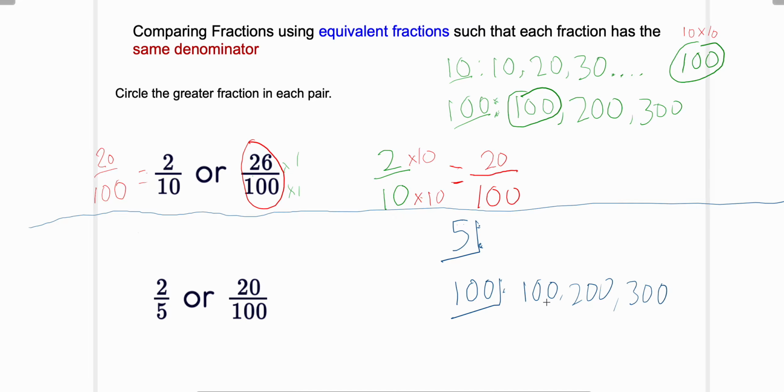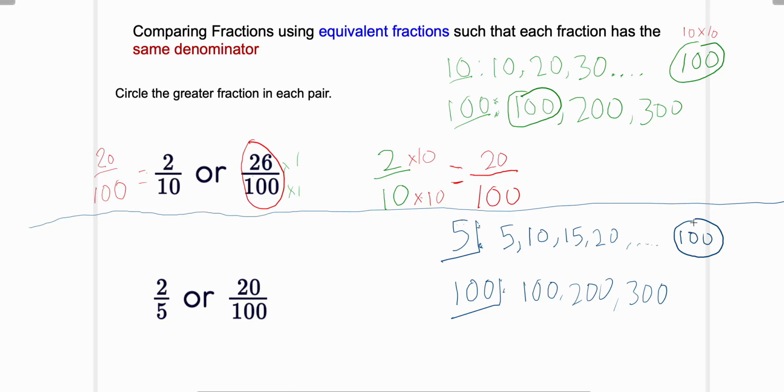And I know that 100 is a multiple of 5. So if you would list the multiples of 5, 5, 10, 15, 20, 25, etc., you keep going, you are eventually going to get to 100.